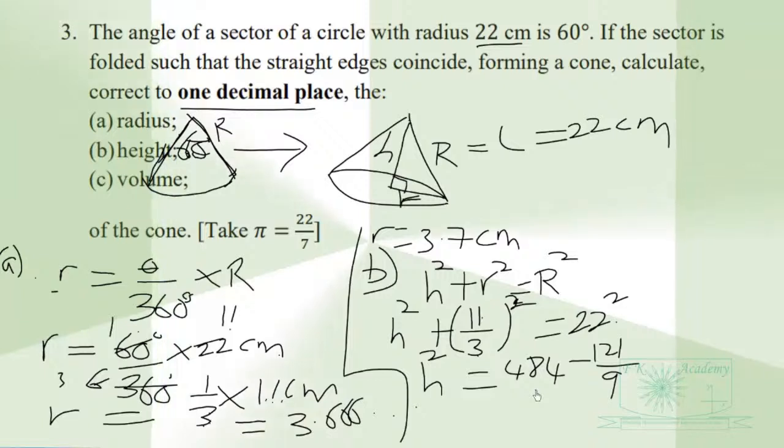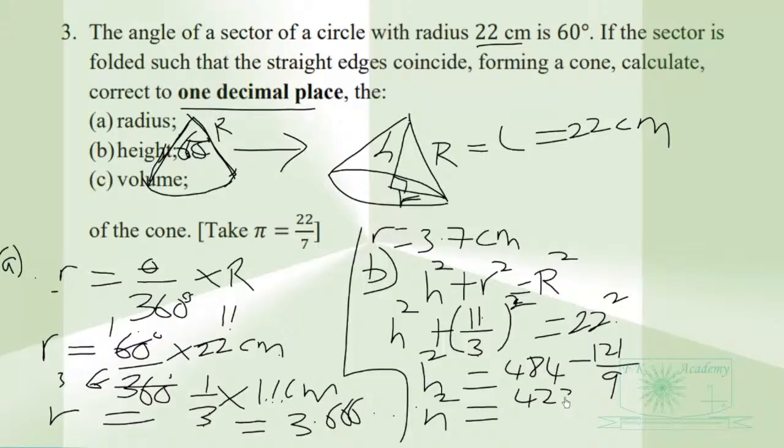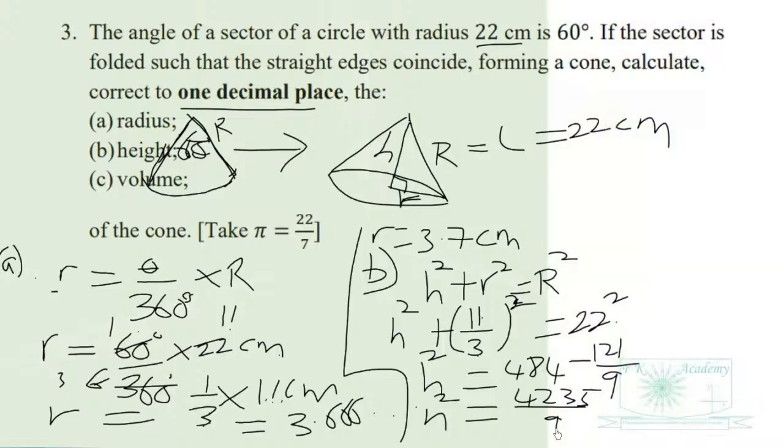So you subtract that from 484, and that will give you h squared to be equal to 4235 all over 9. So we take the square root of that.